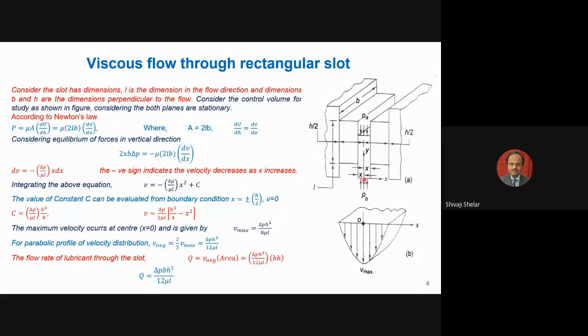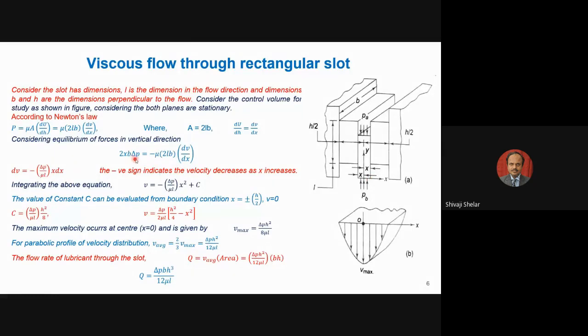So how much area is this delta P acting on? It is acting on this distance x, into the length B. So x into B, but there are two such areas, one small area here and one here, so it becomes 2 times.